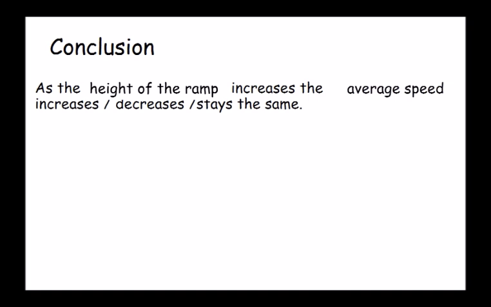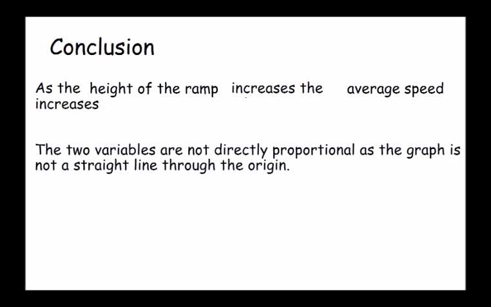And what we found out was that as the height of the ramp increases, the average speed also increased. We can then give a more detailed description of that, because what we found out was that the graph was not a straight line and it didn't go through the origin. Therefore, those two variables are not directly proportional.